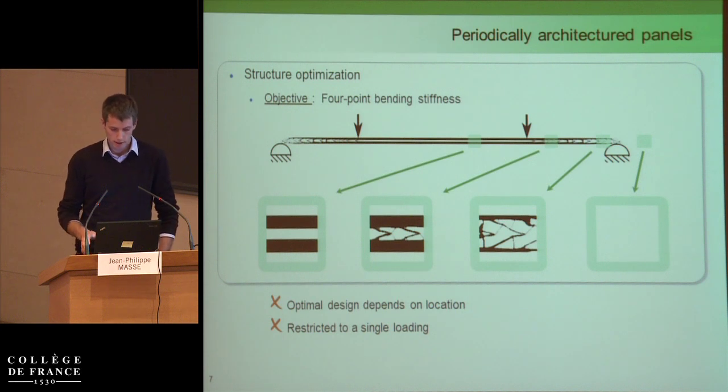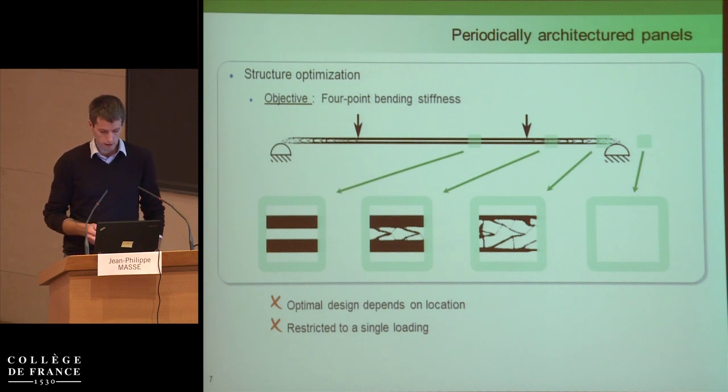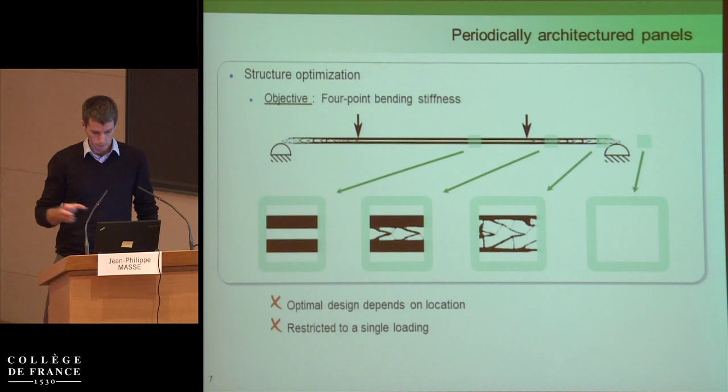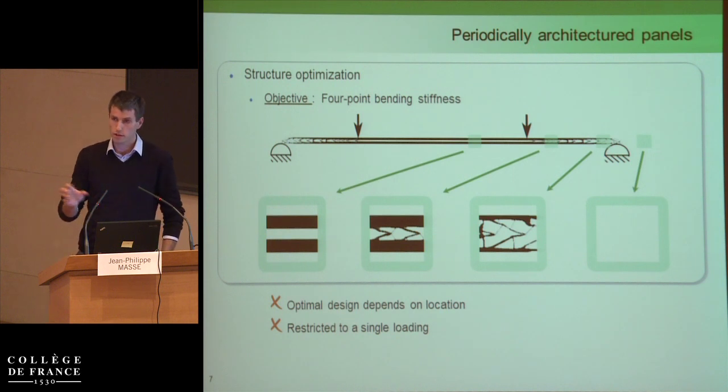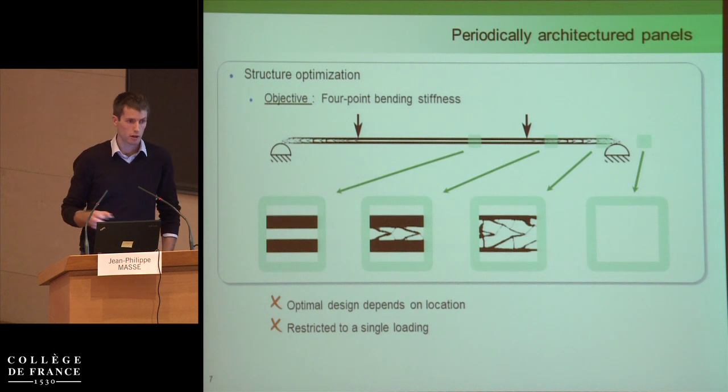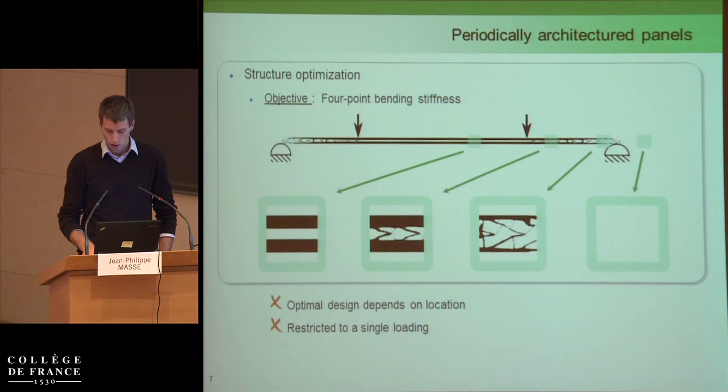And so this is not what we are looking for, because the structure here is really linked to the position of the boundaries and the solicitation, and we are talking about more general materials. We can put whatever solicitation on the loadings.